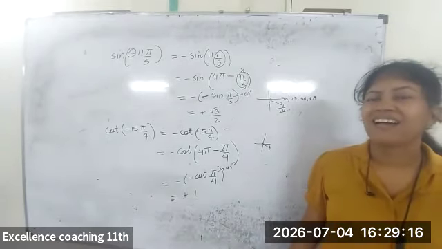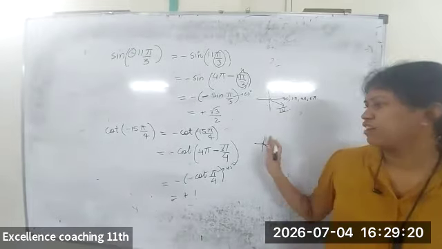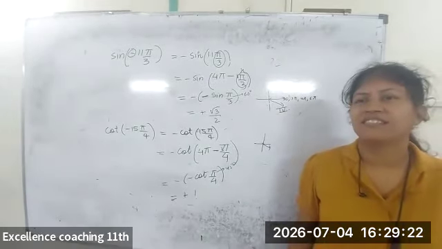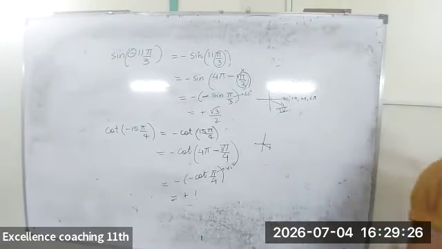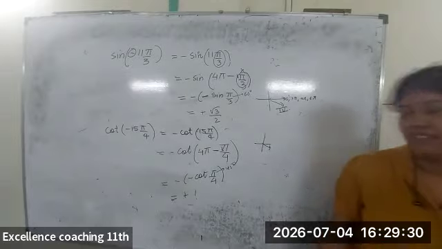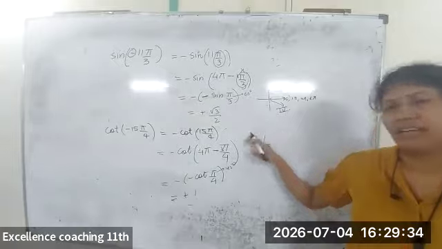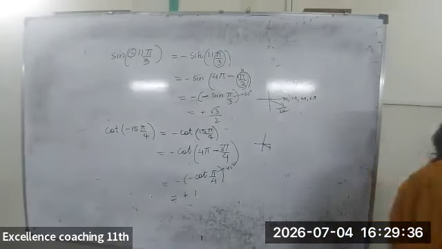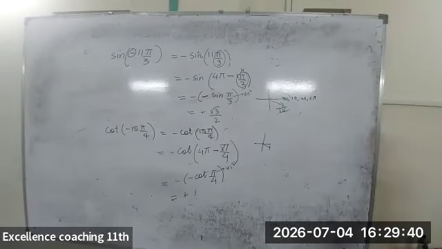Huh? What happened? 45 degrees, which quadrant? First, no. What happened? Anything less than 90 is first quadrant. More than 90 is second quadrant. Done? This is the problem, understood?